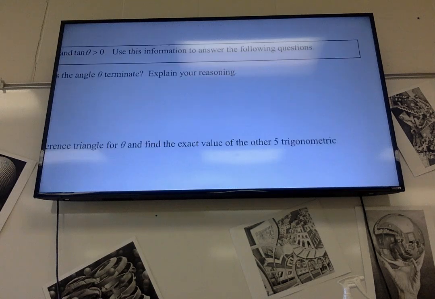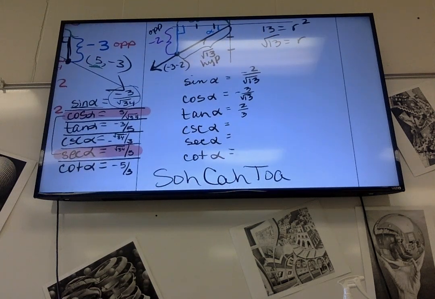Rebecca, cosecant. Square root of 13 over -3. Secant. Jose? Square root of 13 over 2. Good. And cotangent, Justin? 3 over 2. Good. Questions?